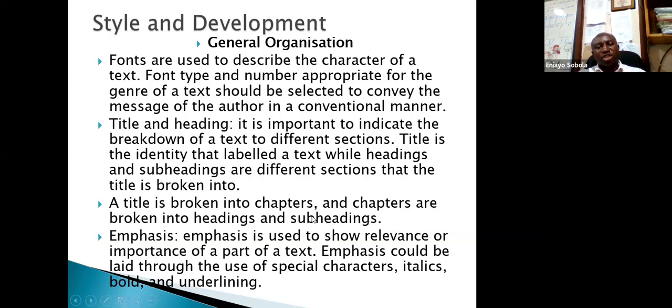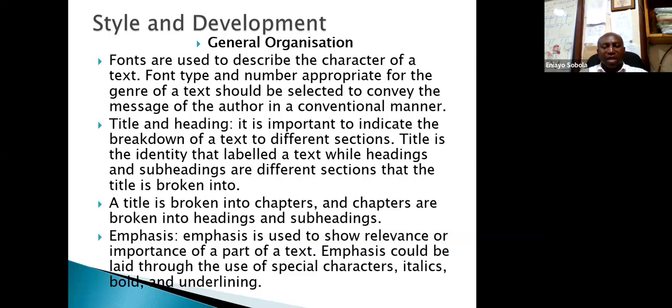And once we have been able to achieve the breaking down of the title of the book into chapters, and chapters into headings and subheadings, while we engage in the writing of the text, we may need to emphasize some sections. Emphasis may be needed, and there are different ways in which we express emphasis, because emphasis is used to show the relevance of important parts of a text.